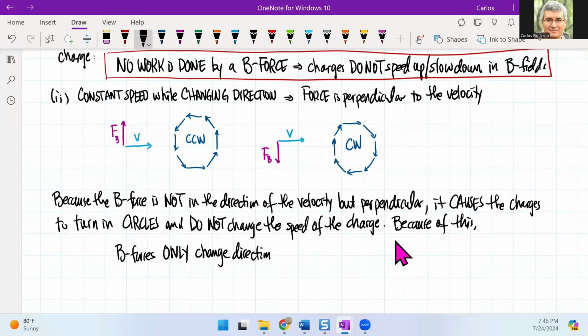And this is why sometimes they're called a deflection force. Not the speed.